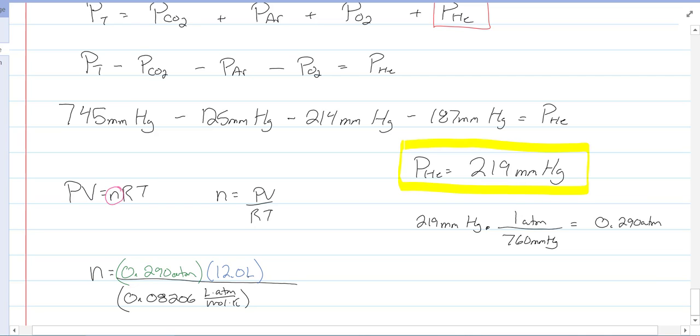And the temperature was 273. So the number of moles of helium is 0.155 moles of helium.